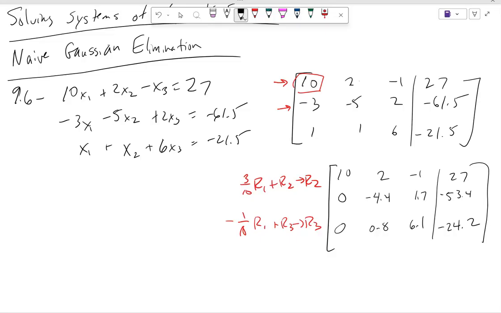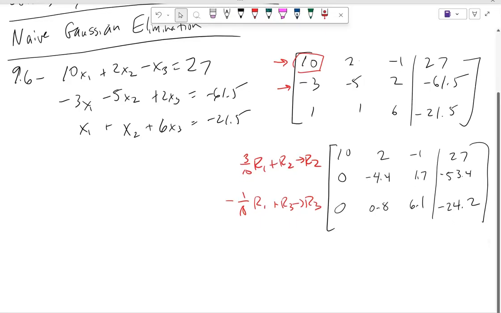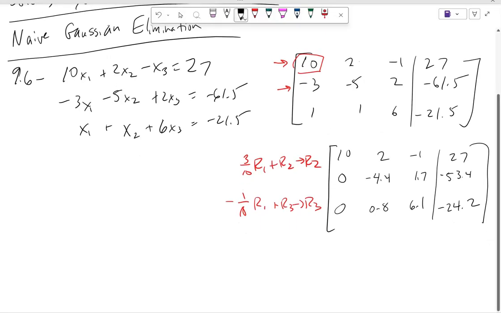That's why we call it naive. We're not thinking about doing it the best way. We're just doing it the way we know works until we can't. Okay? Does that make sense? Okay. That's the naive part. All right. So now we should be able to do the next one as well, because this is what we're going to work off of, right?